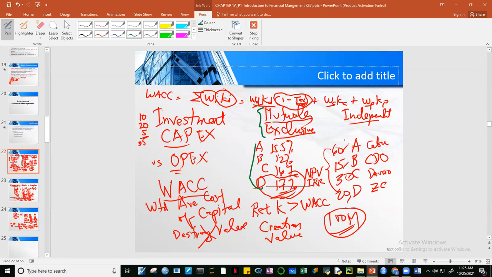And the choice, of course, depends on whether the project has an NPV, net present value, greater than 0, or an IRR greater than the weighted average cost of capital. This is very important, guys, because any decision that the company makes should maximize shareholder value, and it can only be attained if these principles are met: net present value greater than 0, IRR greater than the weighted average cost of capital.